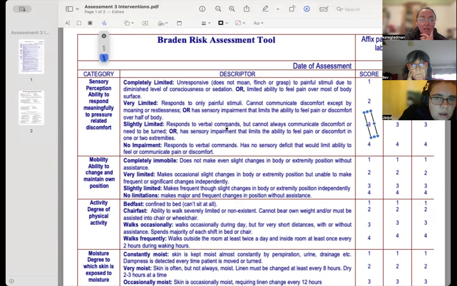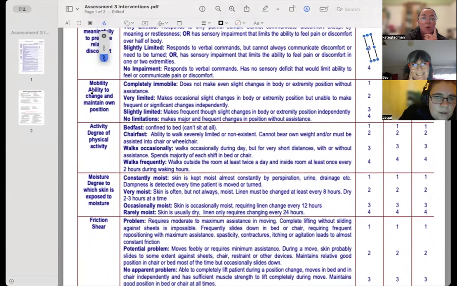Then we'll move down to mobility, ability to change and maintain own position, where they're going to have some limitation because obviously they've broken their hip, pain, discomfort, all of those things. So they're not completely immobile. Very limited, makes occasional slight changes in body or extremity position, but unable to make frequent or significant changes independently. I would say they're very limited, so we'll go 2 there.